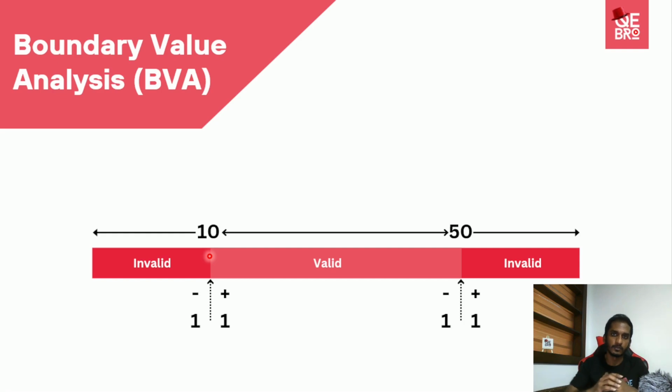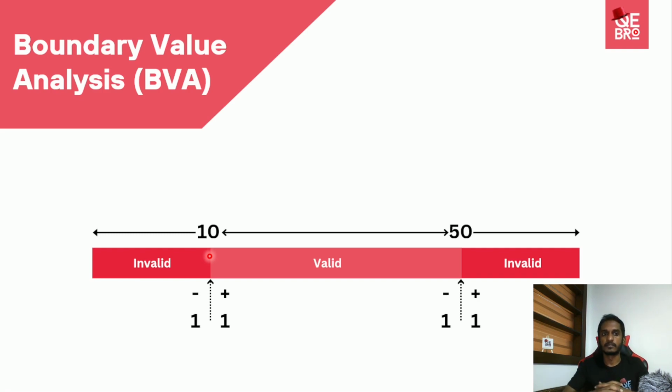Those are two different things, isn't it? Our expected behavior was greater than or equal, so 10 should be in the valid partition. But let's say the developer made a mistake and put only the greater than sign, not the equal. In that case, 10 will fail because it now falls under the invalid partition.